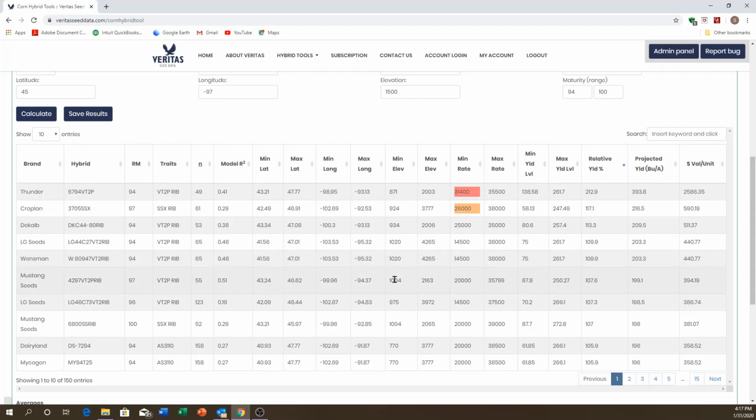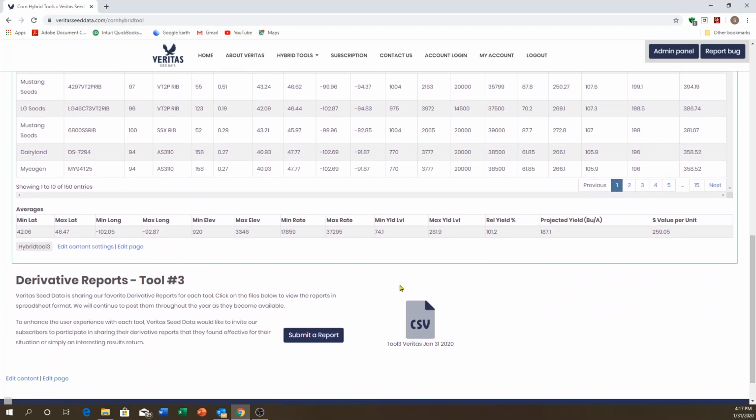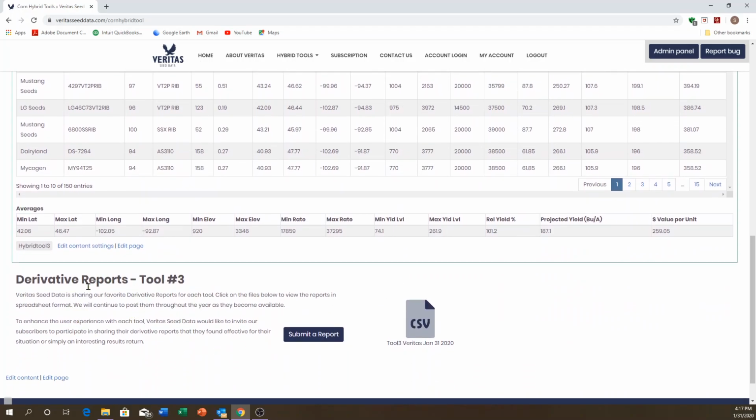This one is probably the most powerful tool. It's limited in number because I need lots of locations, but when I have lots of locations, I can learn a lot from this tool. And we had pointed out in the other tools that there are things called derivative reports. That's when I take the data that I save or pull from these tools and I compile it and combine it with other reports and create what I call a derivative report.